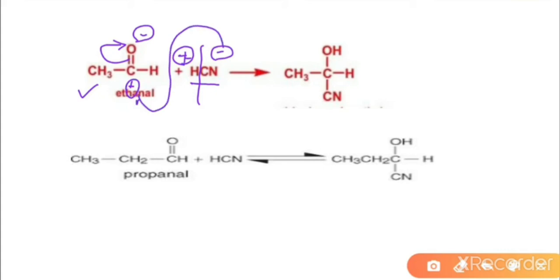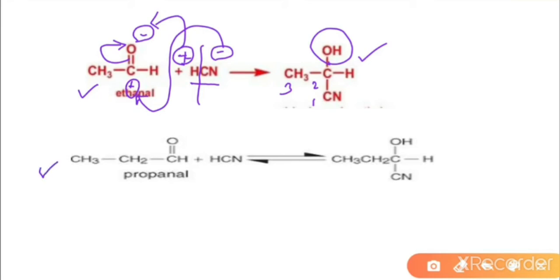CN minus attacks C plus and H plus attacks O minus, and acetaldehyde cyanohydrin is obtained. And the IUPAC name of the cyanohydrin is 2-hydroxypropanenitrile.